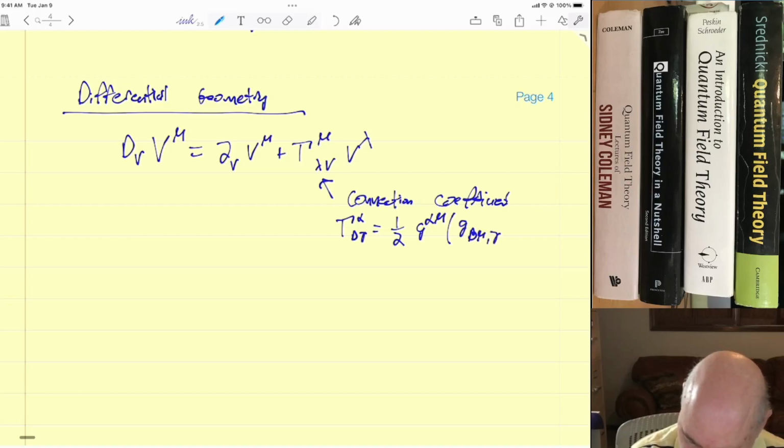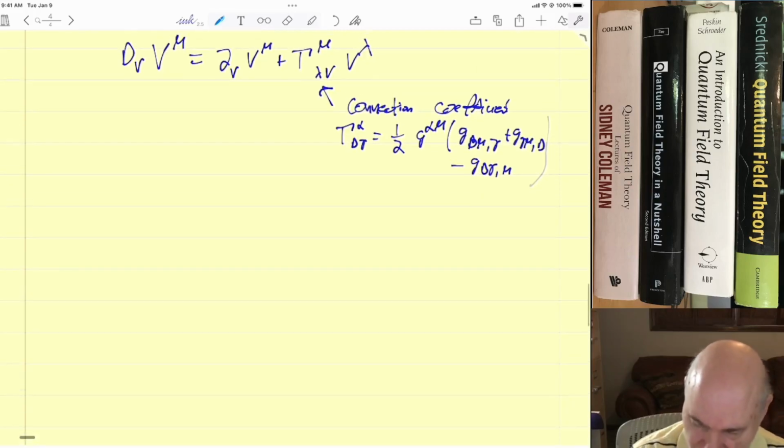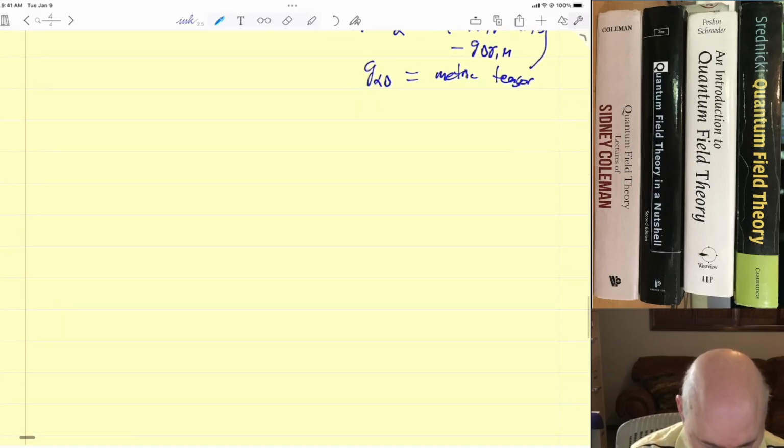A comma means a derivative. Okay, doesn't really matter, but that would be in terms of the metric tensor, g.